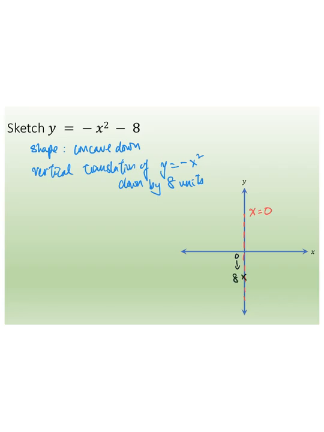In fact, I don't actually need the arrow. So here 8 units, and that's minus 8. And I'm going to just sketch it. And this is y equals minus x squared minus 8. So that's all you need.